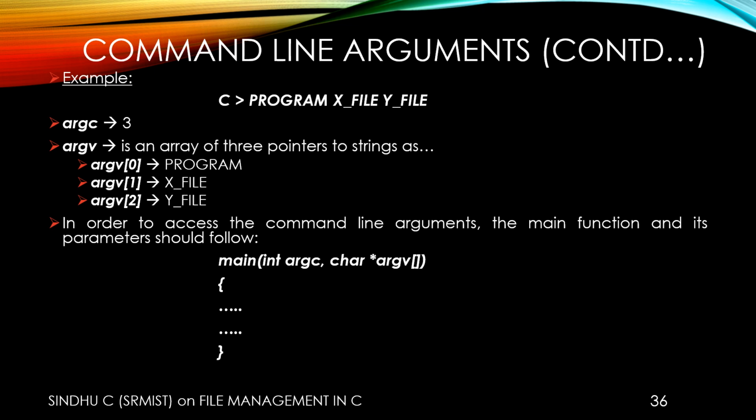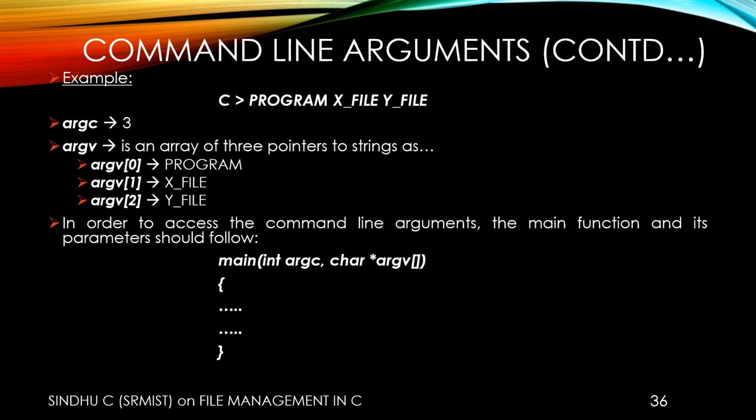Now here is an example which explains all that we have seen in the previous two slides. Here, program xfile yfile: the argument counter is 3, since program, xfile and yfile make 3. argv, the argument vector, is an array of 3 pointers to strings, as the first one is program, the second one is xfile, and the third one is yfile. In order to access the command line arguments, the main function and its parameters should follow this form.